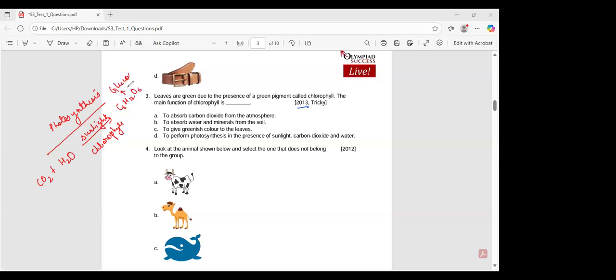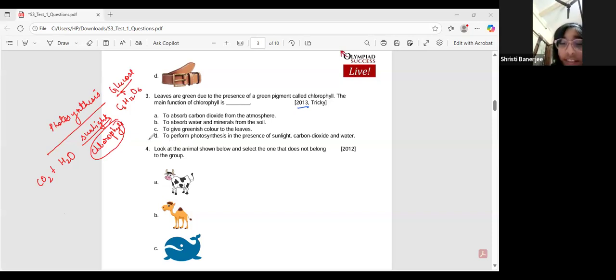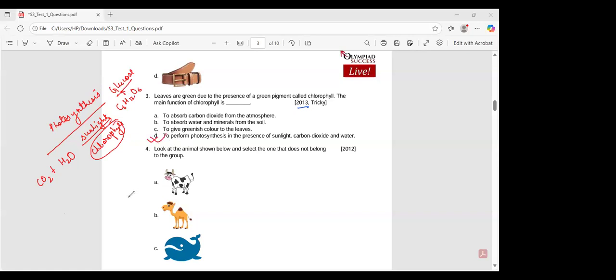That is the food that the plant uses. So what is chlorophyll doing? It is performing the process of photosynthesis, right? So you will go with option D. Is that clear?